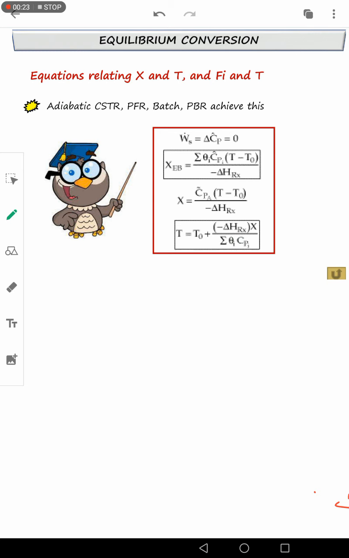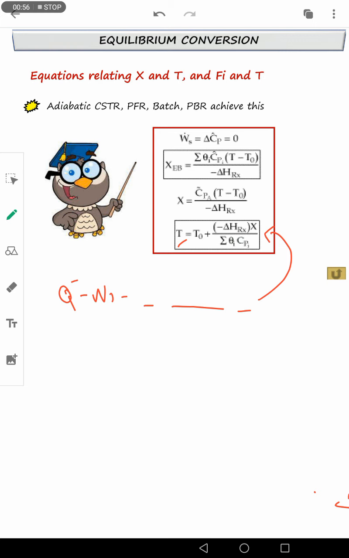kalau diberi adiabatic in which work equals to 0, kemudian delta CP is equals to 0, dah ditunjuk sebelum ni, in which the energy balance yang Q, work etc tu, bila you simplify, you akan dapat equation of energy balance for temperature as this one.